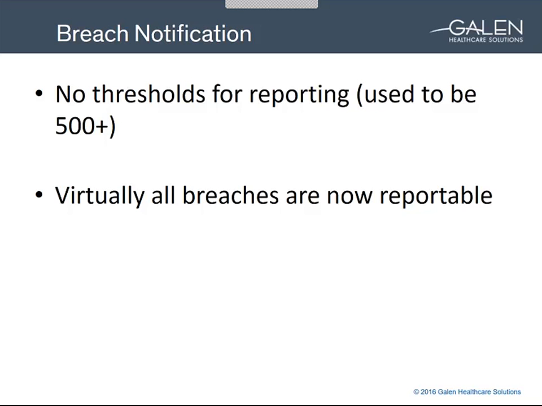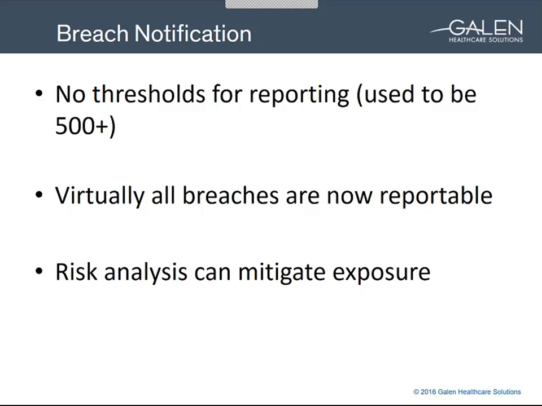Now virtually all breaches are reportable to the OCR, and one thing to call out about this is that risk analysis of those breaches, or of those PHI exposures, should I say, can mitigate the need to report it. So an example of this would be, let's say that you were working with a business associate, and I use this example because it happens to Galen all of the time, where a customer will email PHI unencrypted using standard email to a business associate, and let's say it has 1 or 2 patients in there, and the business associate were supposed to receive that email.